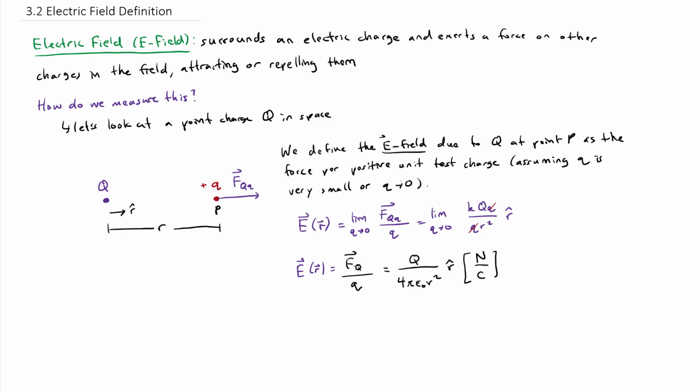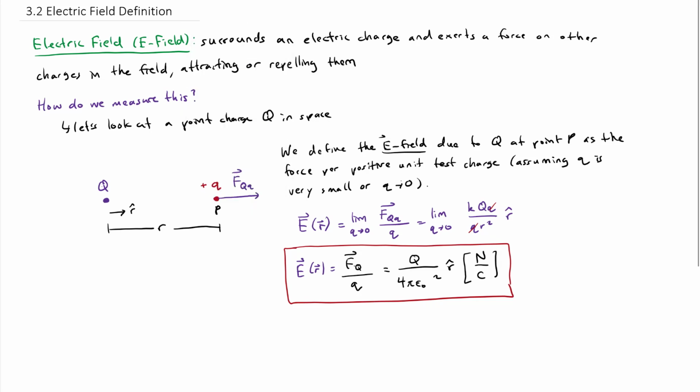So let's just outline this because this is important. So just remember, I've represented it as Q over 4 pi epsilon naught r squared. And k is equal to 1 over 4 pi epsilon naught.